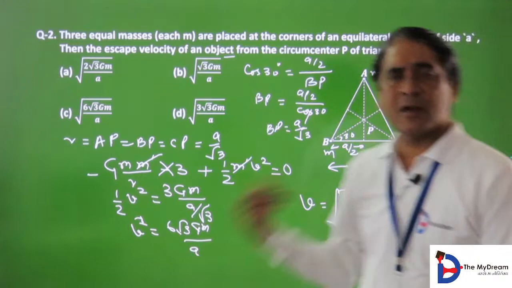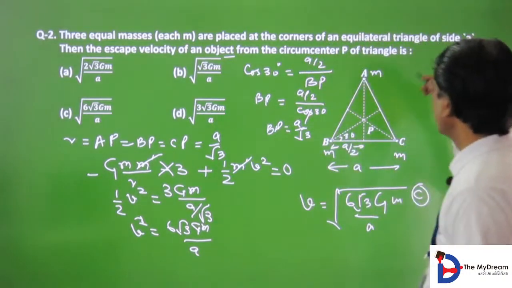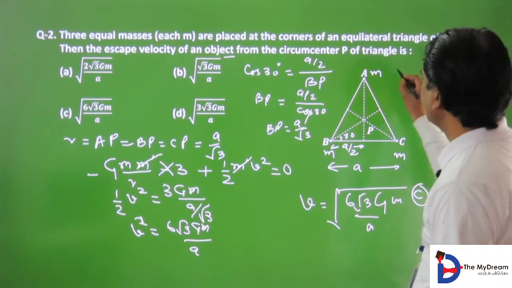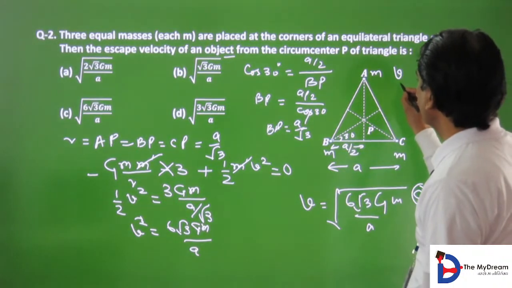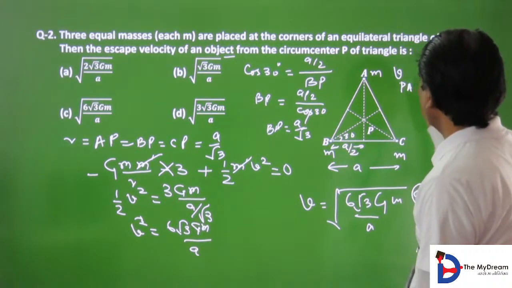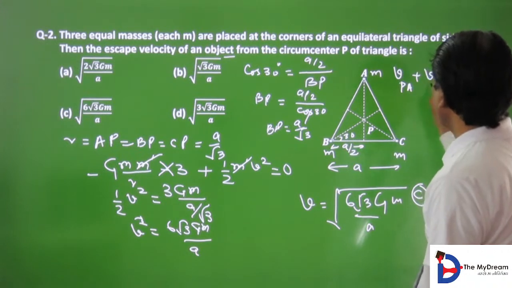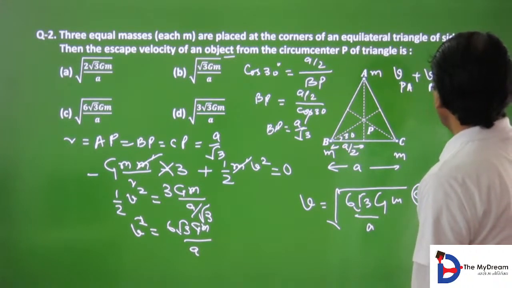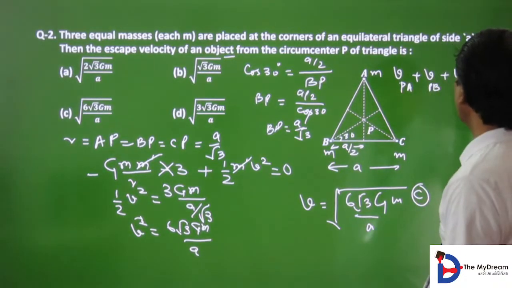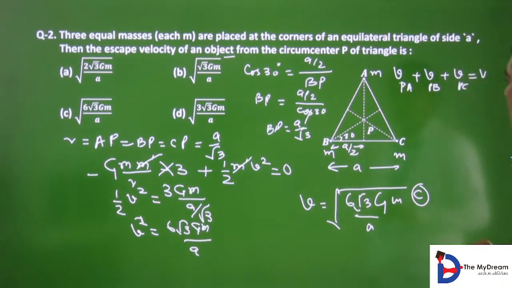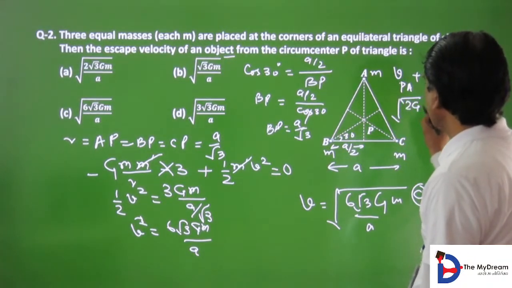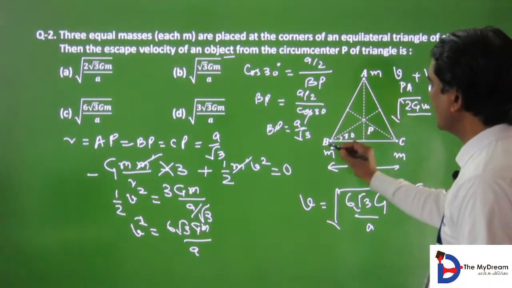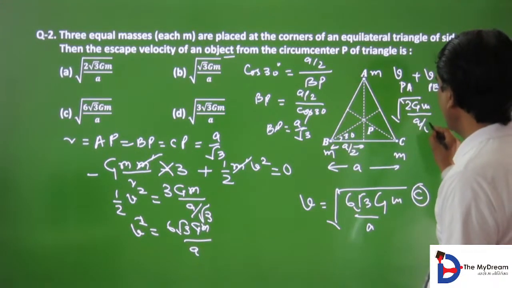We can go through another method also. Escape velocity due to A, escape velocity of P with respect to A, escape velocity of P with respect to B, escape velocity of P with respect to C, which is equal to, the escape velocity is given by under root twice Gm by whatever the distance is, that is a by root 3.